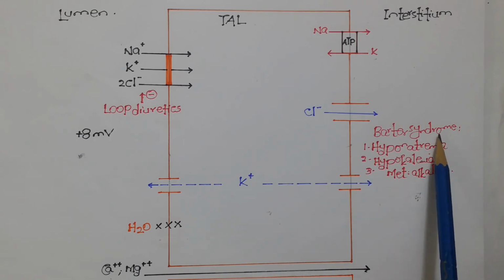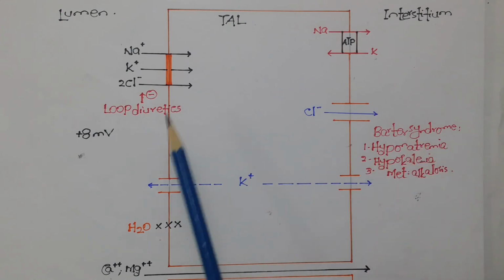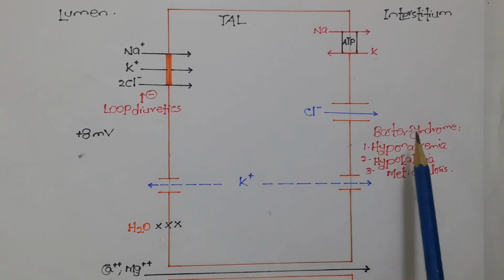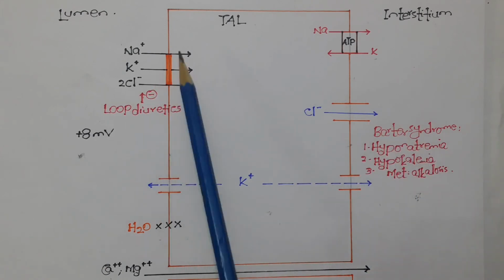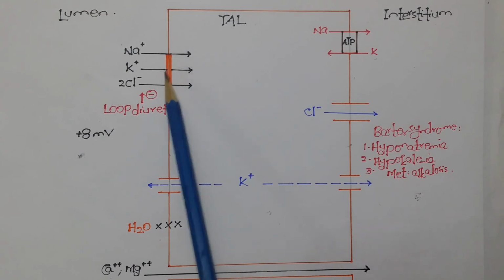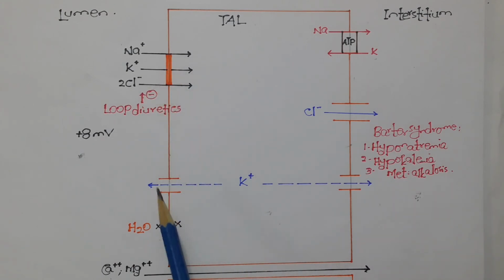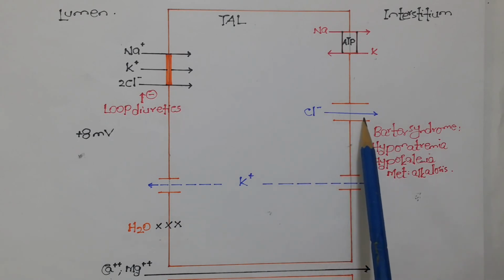Bartter syndrome is yet another similar condition that is functionally similar to the use of loop diuretics. Here we have a genetic mutation in the genes coding for this apical sodium-potassium-2-chloride co-transporter, or the apical potassium channels, or the basolateral chloride channels.